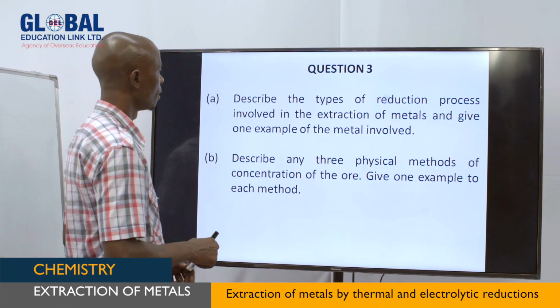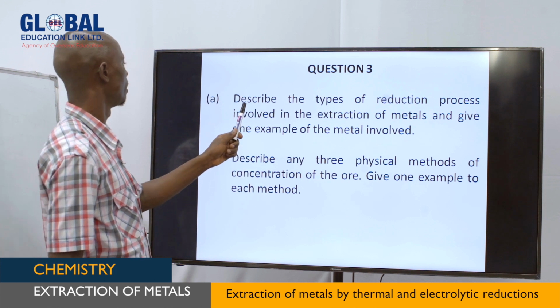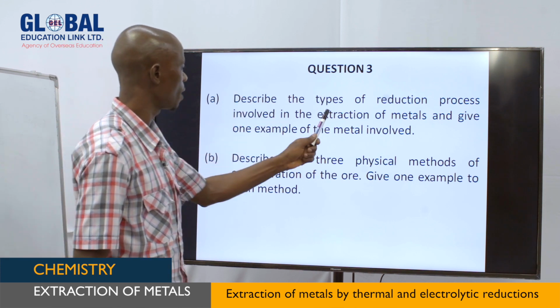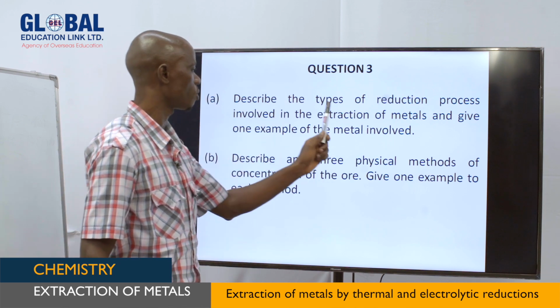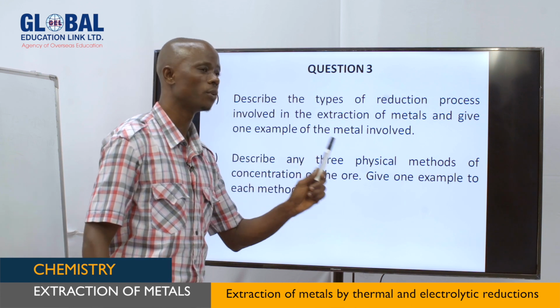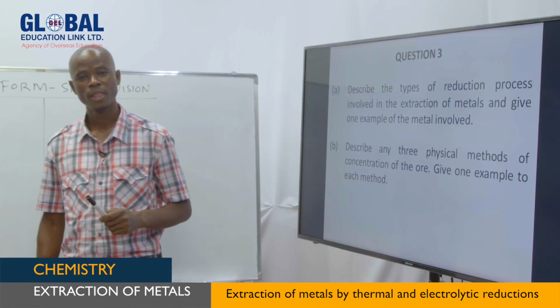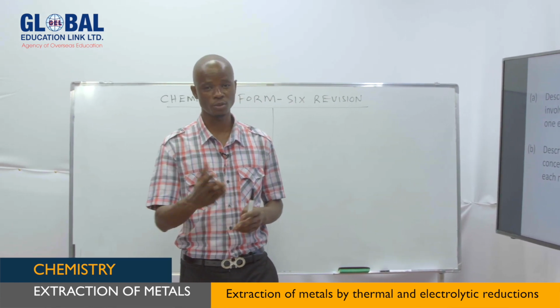Now question number 3. Question 3A says, describe the types of reduction process involved in the extraction of metals and give one example of the metal involved. Now, my dear student, that is also another simple question that you can meet with.